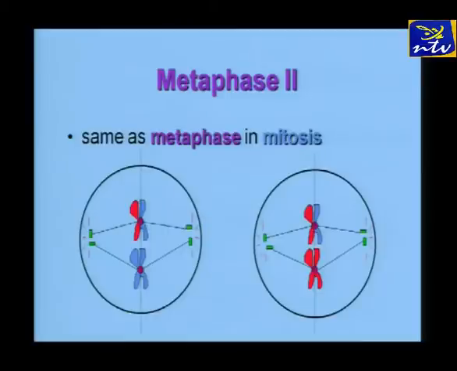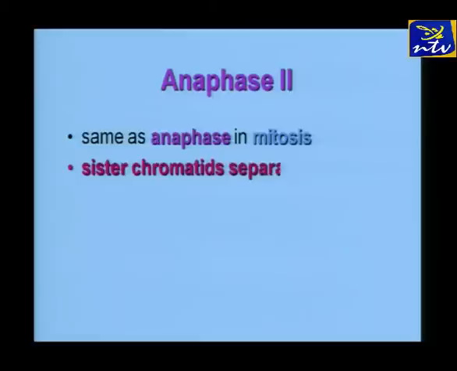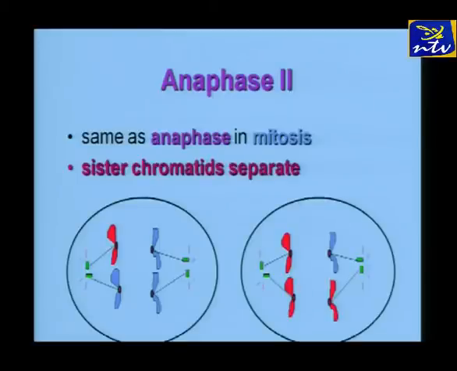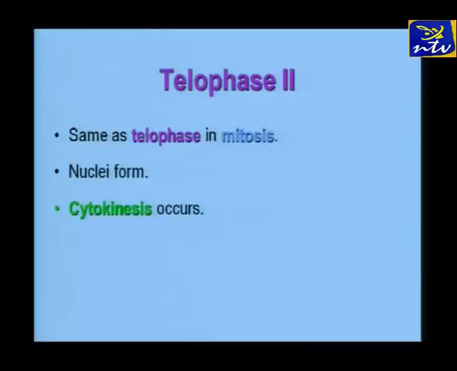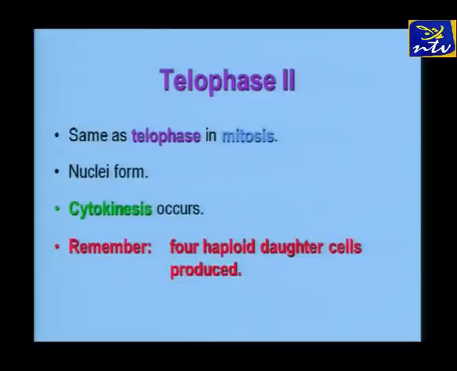Here you can see the difference between metaphase 1 and metaphase 2. Sister chromatids are separated and chromatids start moving to the poles. Then comes telophase 2, nuclei formation, and again cytokinesis taking place.